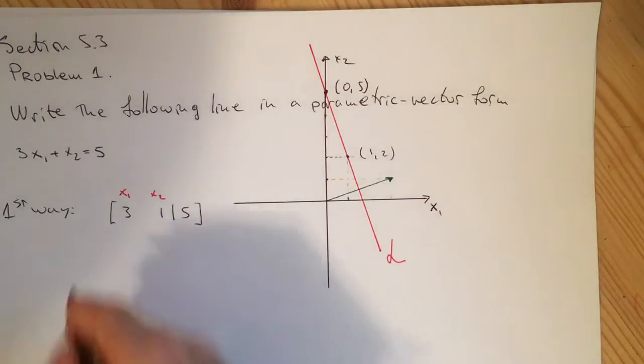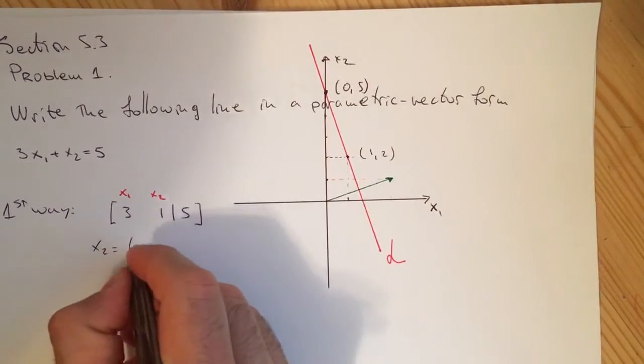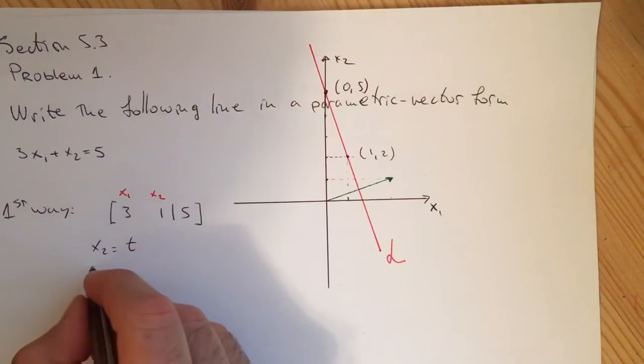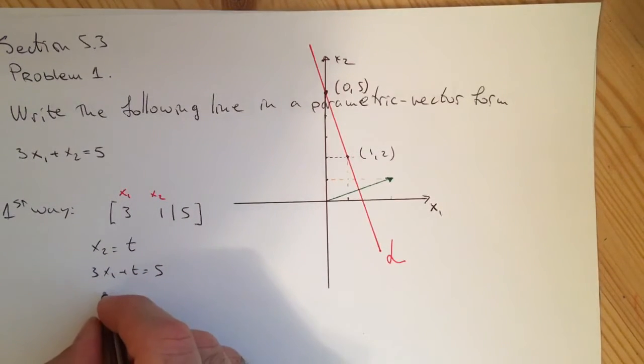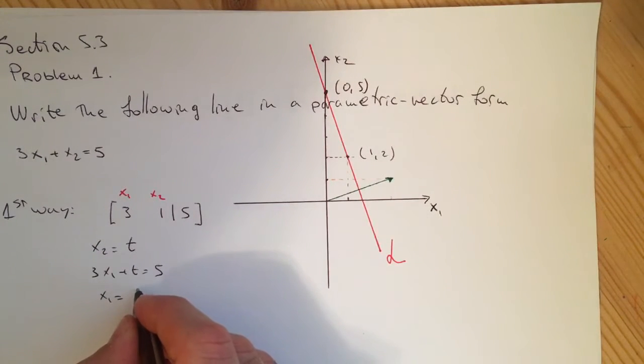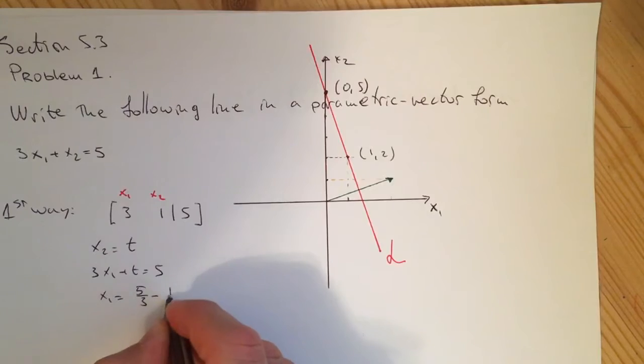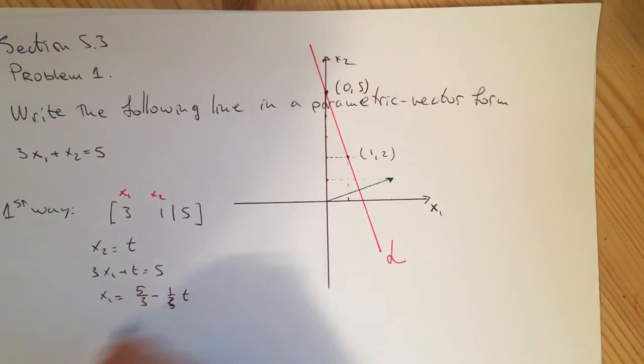If you take that x2 is a free variable, if x2 is equal to t, then 3x1 plus t is equal to 5. Express how much is x1. x1 is going to be equal to 5 over 3 minus 1 over 3 times t.